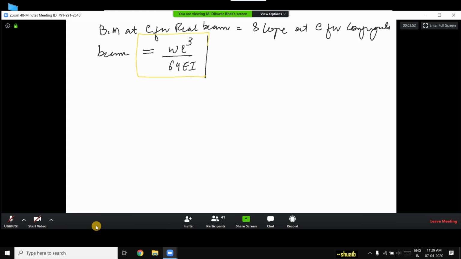Therefore, you have calculated the slope at point A for the real beam, the slope at point B, and the deflection at point C for the real beam. You got slope at two points and deflection at the midpoint, because we are calculating the maximum values. Maximum values will certainly be at the ends for slope, and at midspan for deflection.